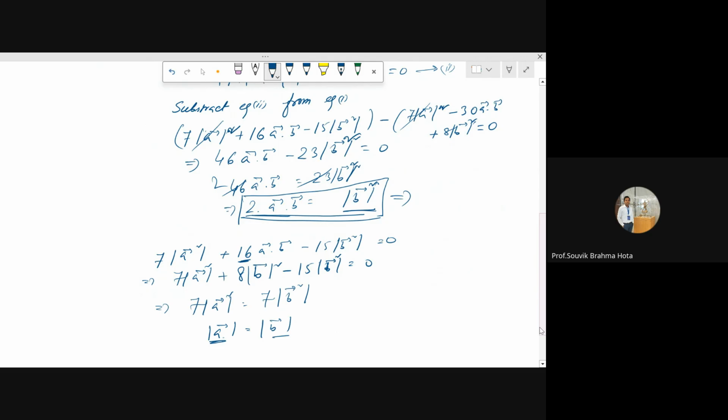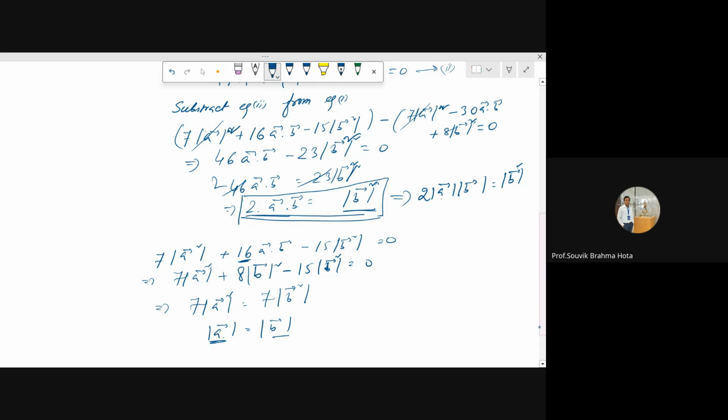See, 2ab, that thing can be written as 2 a vector dot b vector is equal to b square. Now a is equal to b. So what can I do?